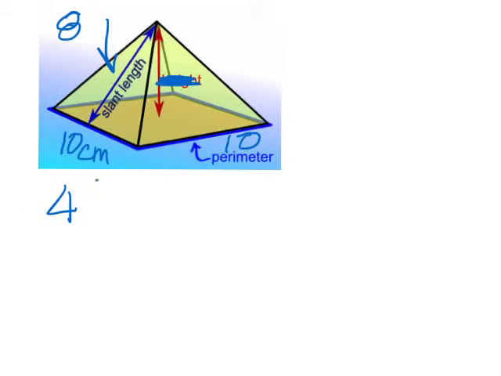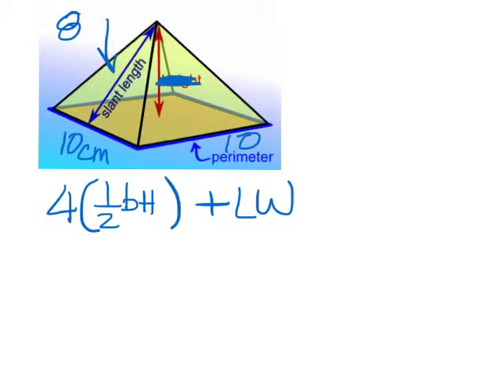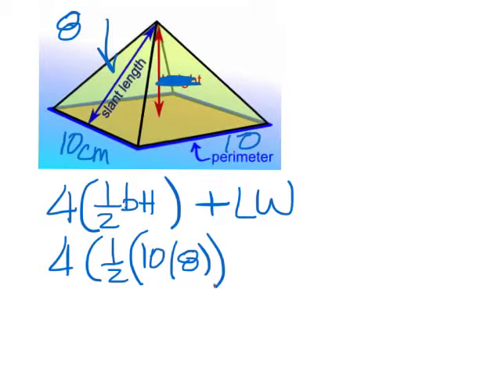The formula is 4 times the quantity, 1/2 base times height, with height being the slant height, and then plus LW, which is the area of the bottom. So plug in what you know. Base times height would be 10 times 8, and then plus LW, that would be 10 times 10.